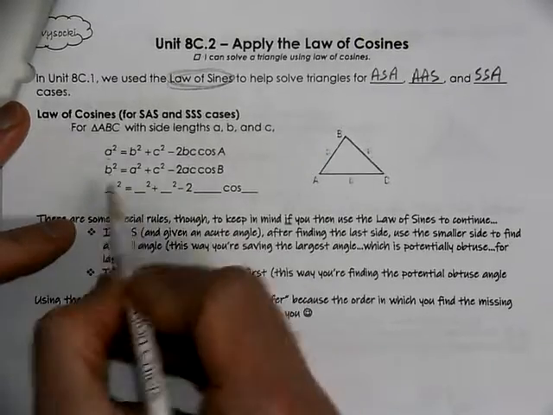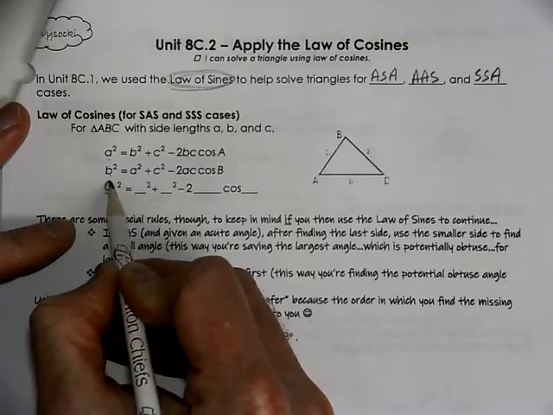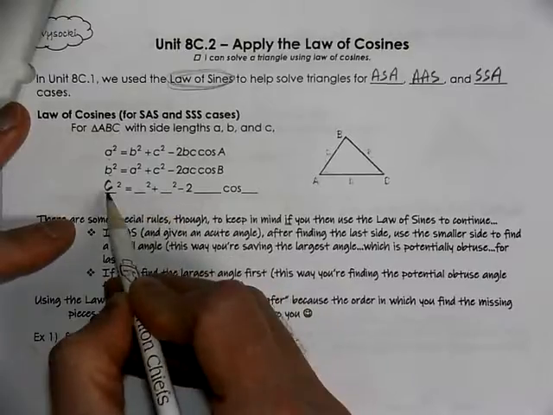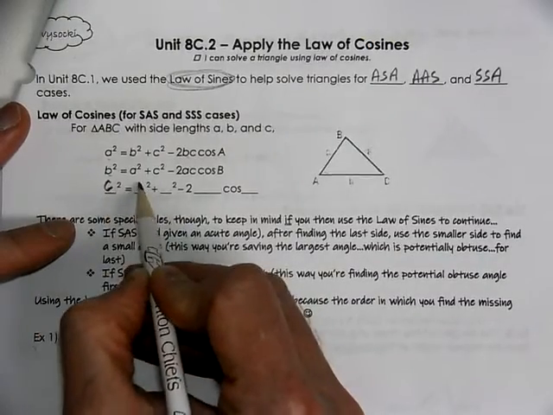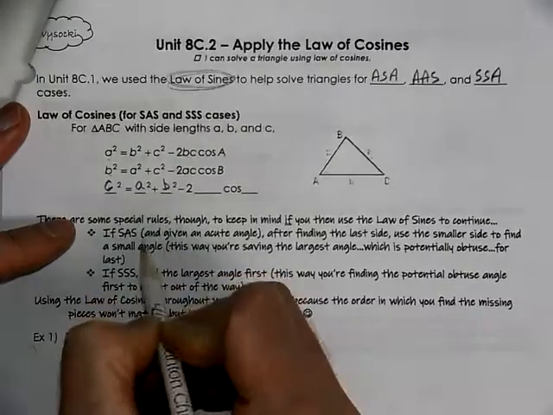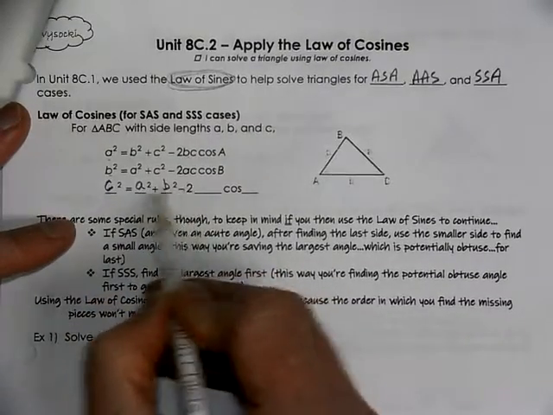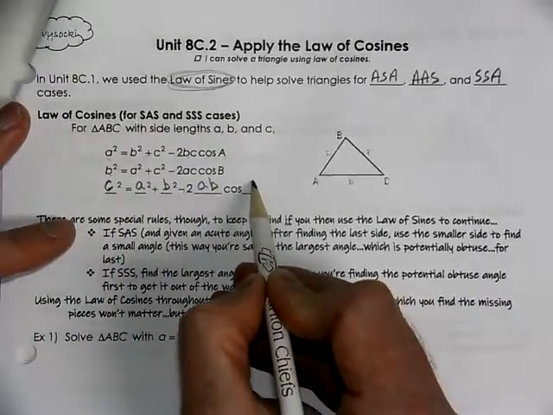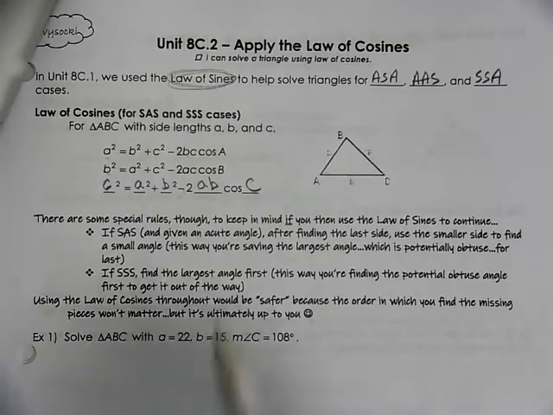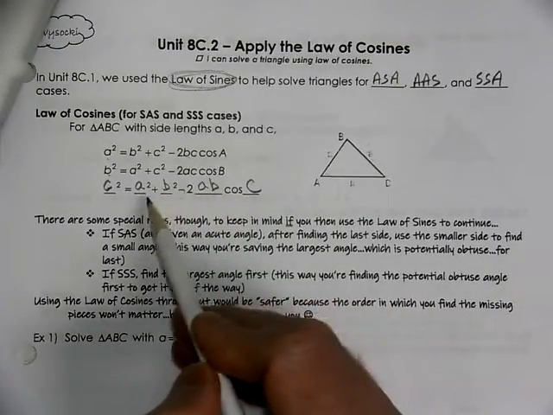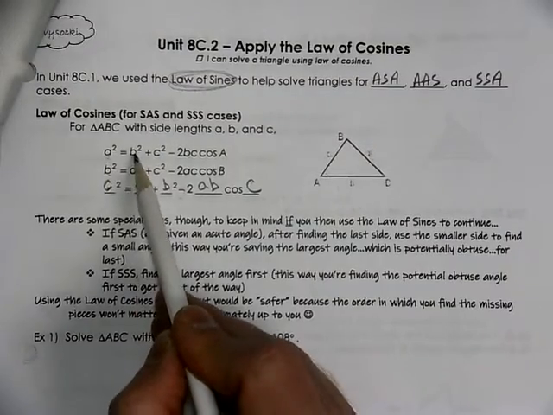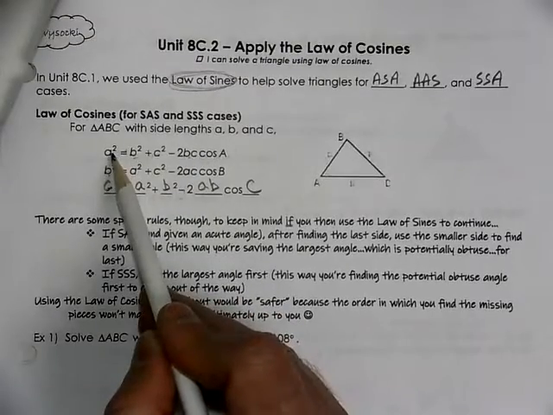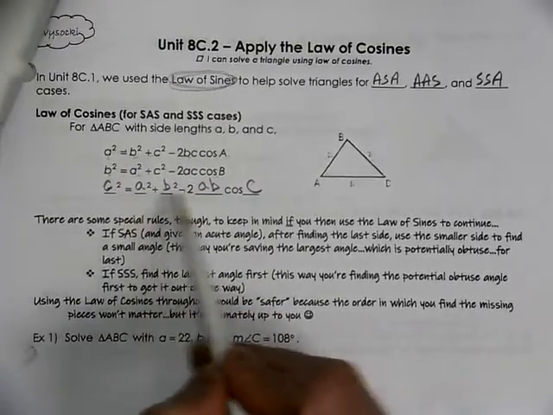And the pattern here, if we start with C, so C squared, the two other sides we haven't been talking about besides C would be A squared and B squared, minus 2 times those two values, cosine of C. For the other two patterns, it follows the same thing. If you start with the A, the other two letters are going to be B and C, and angle A. Same thing goes on for B, and now we've just done C.